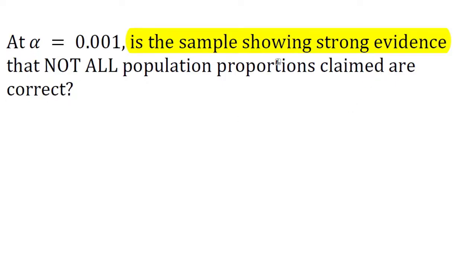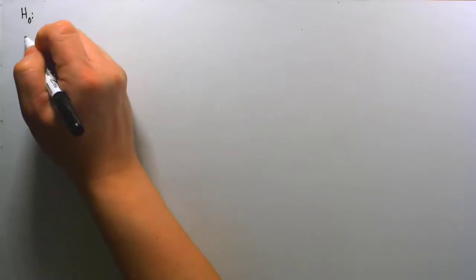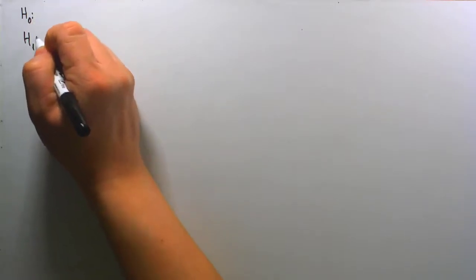And this highlighted part of our question is ringing a bell for us that this problem is a testing hypothesis problem. And so as soon as we have recognized that, then we need, as our first responsibility, to identify the 2 hypotheses, H0 and H1.